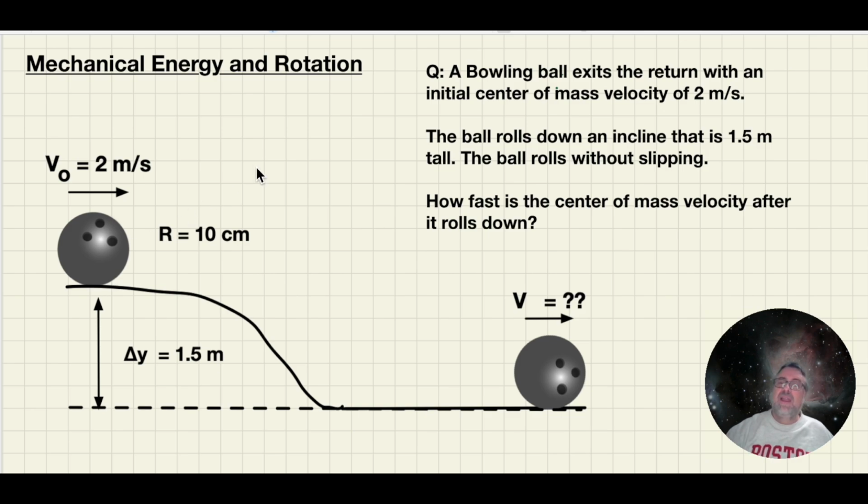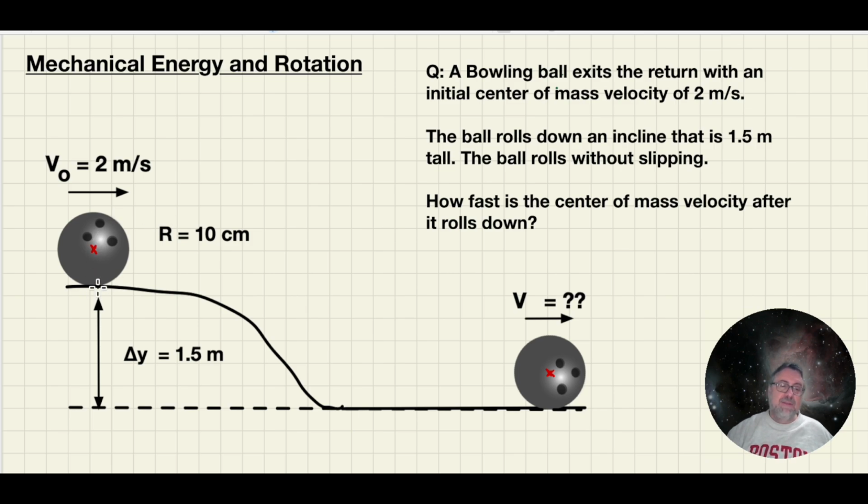So if an object rolls without slipping, then that's an important thing to consider. Now, we are looking at the center of mass velocity. So the center of mass of this ball is moving at 2 meters per second. Now, if I just consider this ball rotating without moving, I can just imagine that we could take away the ground and just have the ball spinning here.